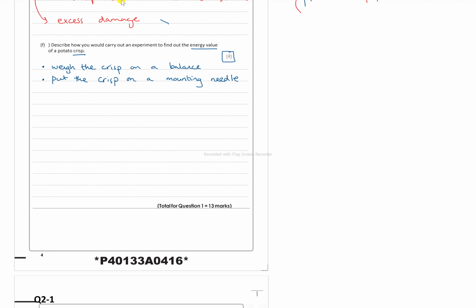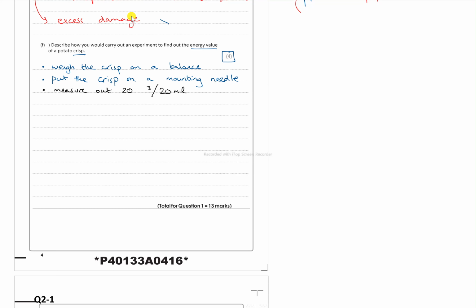Right, so next thing you do is measure out 20 centimeters cubed, or 20 milliliters, of water. Not millimeters cubed, that's nothing.